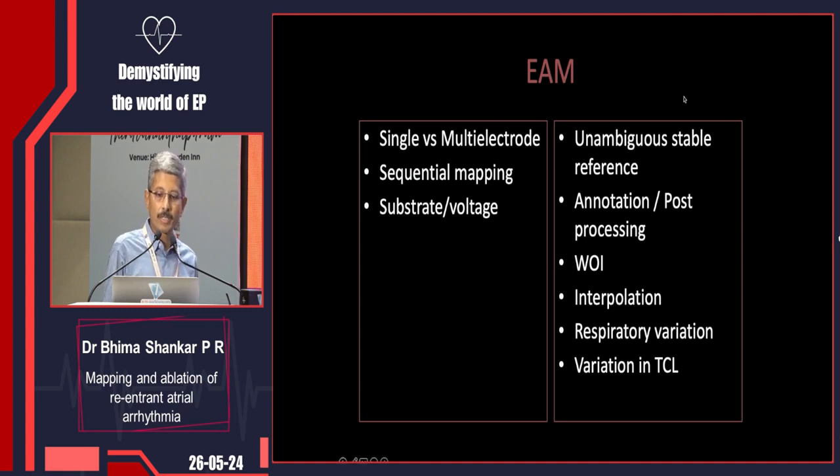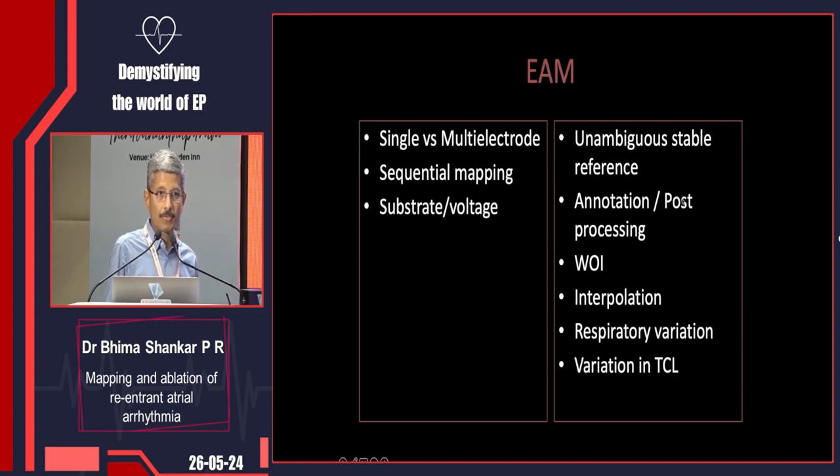A couple of critical issues that need to be understood: one, for atrial flutter, you need to choose an unambiguous, uncorrupted, stable reference. Usually it is one of the CS bipoles that's taken. And annotation, in the past, when we were using the conventional bipolar mapping systems, annotation was an issue.